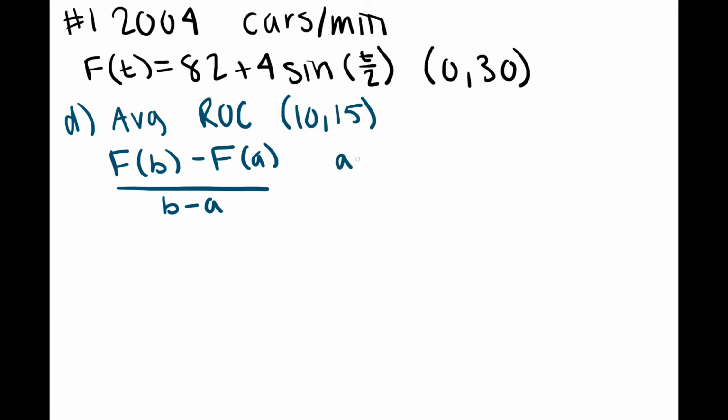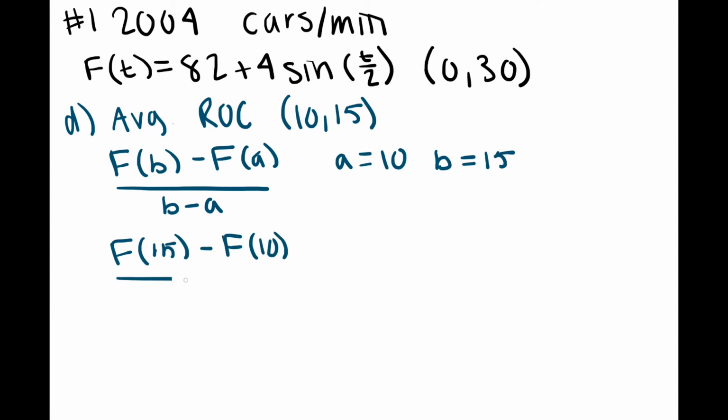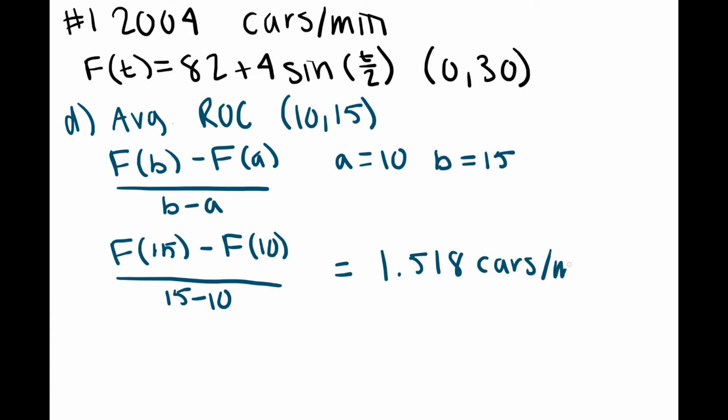Now again, a will equal 10 and b will equal 15. When you plug that in, it's f of 15 minus f of 10 all over 15 minus 10. And when you plug that into your calculator, you will get about 1.518. And for the units, it's cars per minute squared.